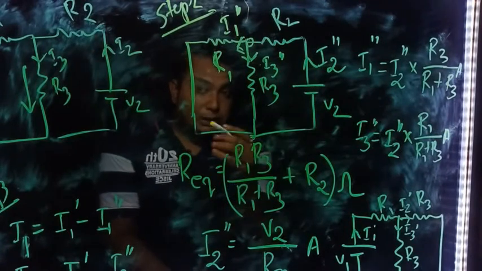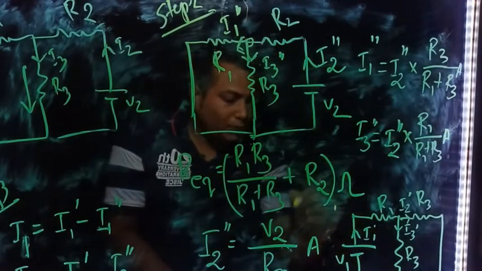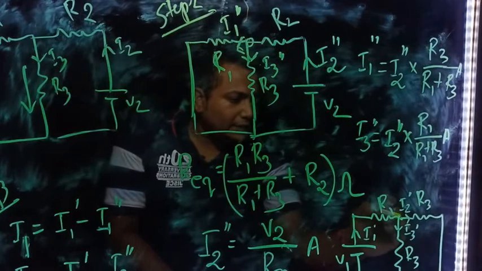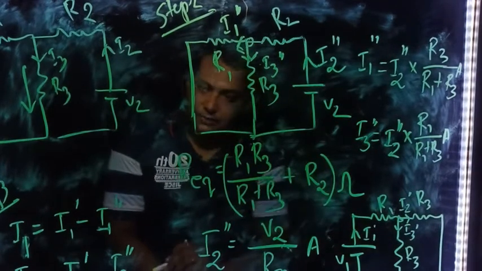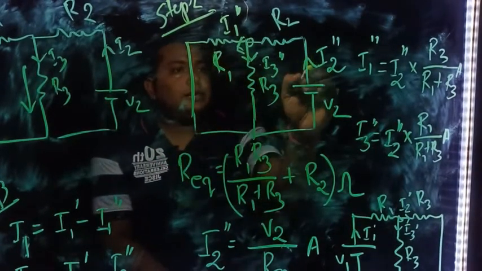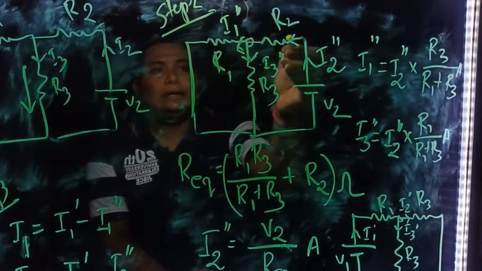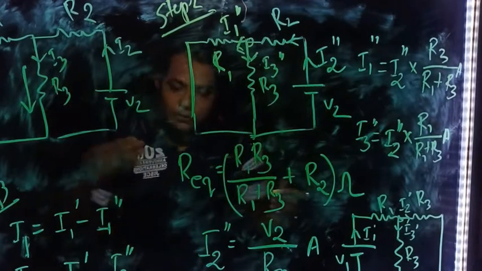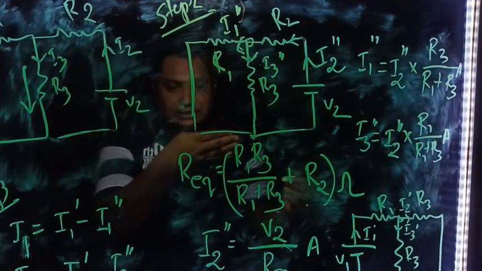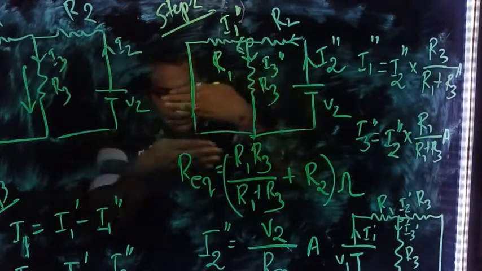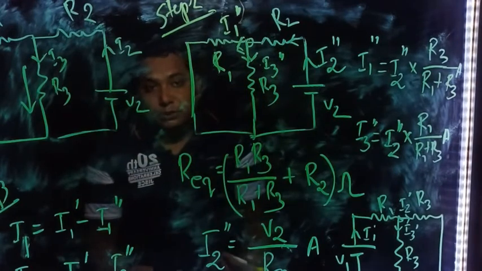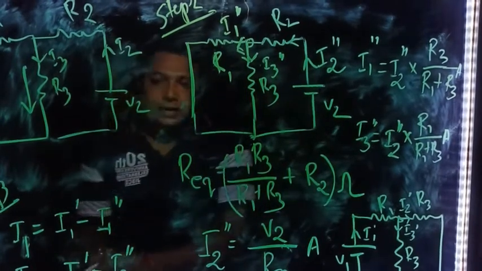So in step 1, the I2 bar direction is from this side to that side, correct? And in step 2, this is the direction of I2 double bar. So I2 bar direction is this and I2 double bar direction is this. That means both are opposite. So if both are opposite, there will be minus.